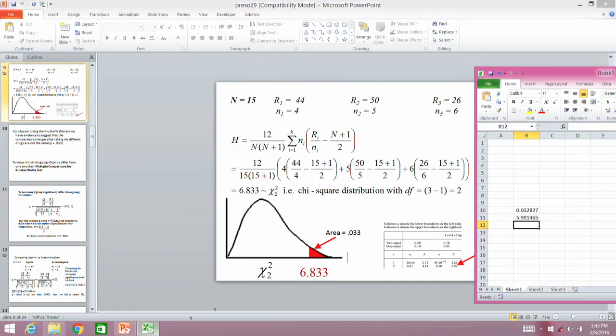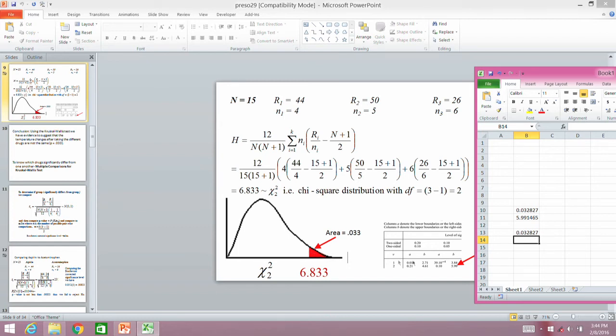Excel has this command called CHIDIST, which I had explained. With CHIDIST, we put 6.833 comma 2 degrees of freedom, and it gives you 0.03287, that is the probability, or the area under this curve.